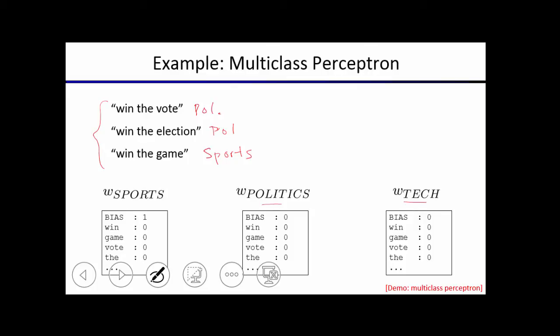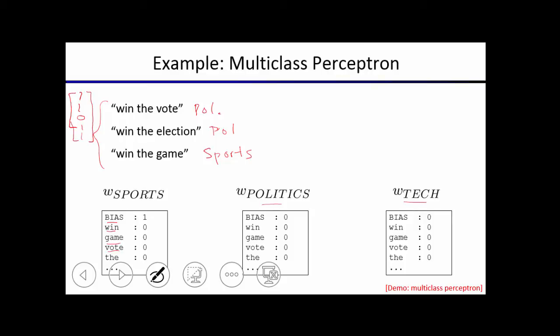That's always the first step. So in each of these, the feature vector is the bias, and then the presence of the words win, game, vote, and the. So for this first example, the feature vector would be 1 for the bias term, 1 for win, 0 for game, 1 for vote, and 1 for the.